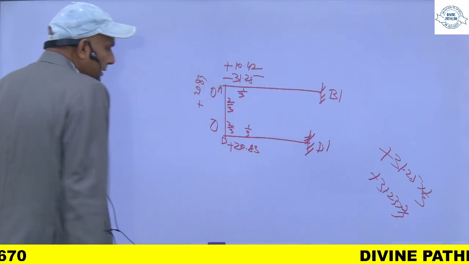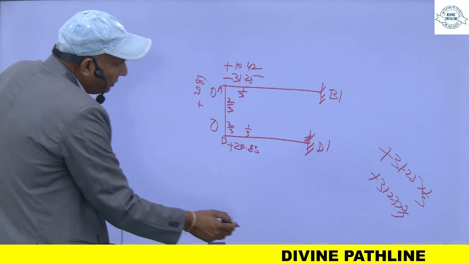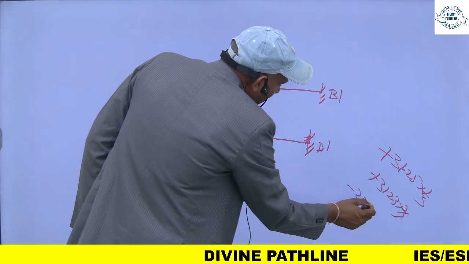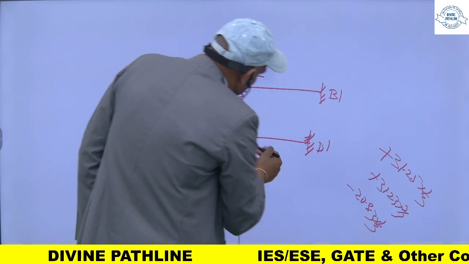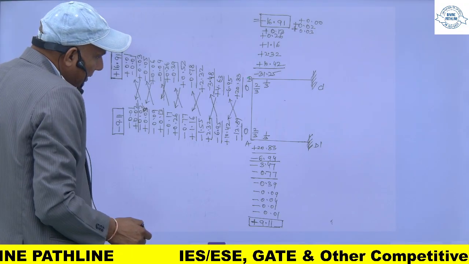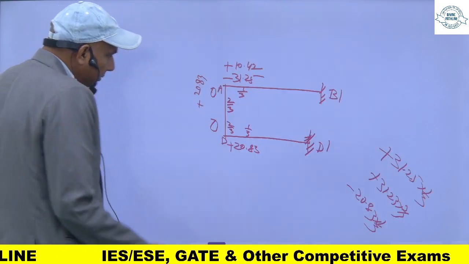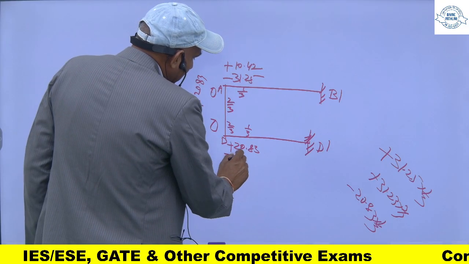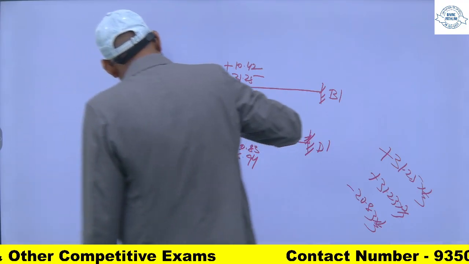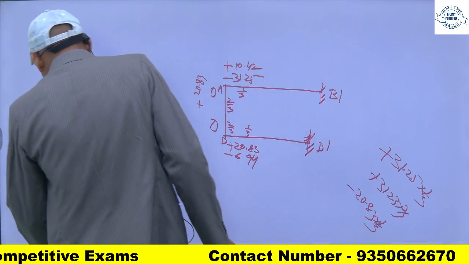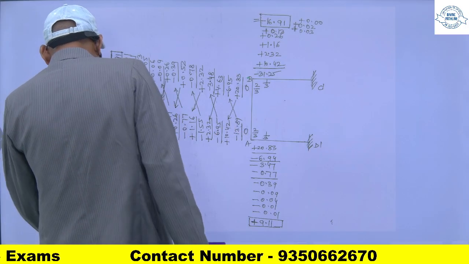Same concept, I will apply a correcting moment of minus 20.83. For this member it will be 1 by 3. You will get minus 6.94, and 2 times of this will be minus 13.89.